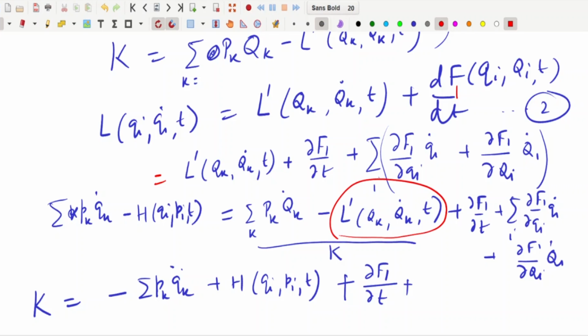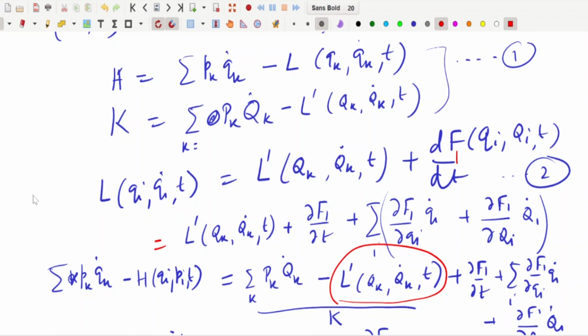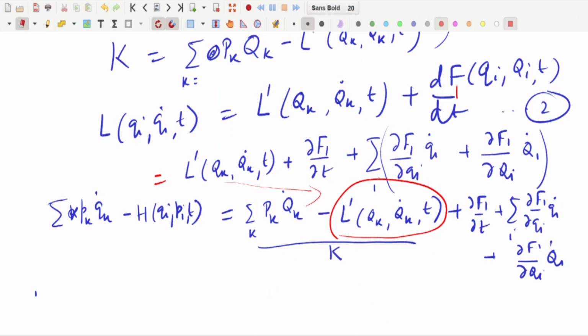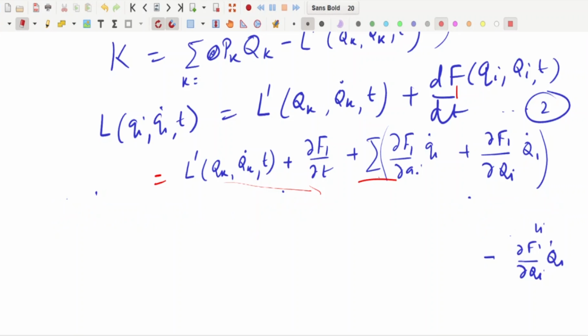We are substituting from equation 1, so this should be K. L prime we are substituting. So let me do this last step again. I am sorry. Up to this is okay, this substitution is okay, so let me erase the full equation, and the correct thing we write with the black pen.